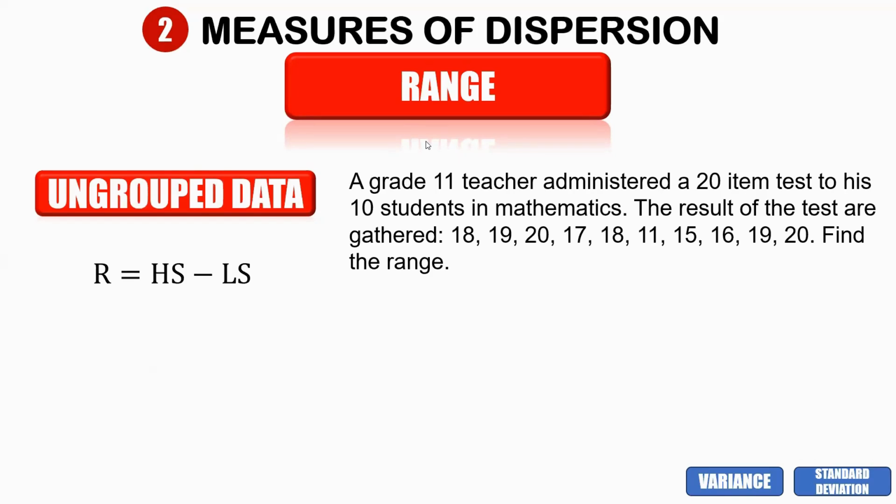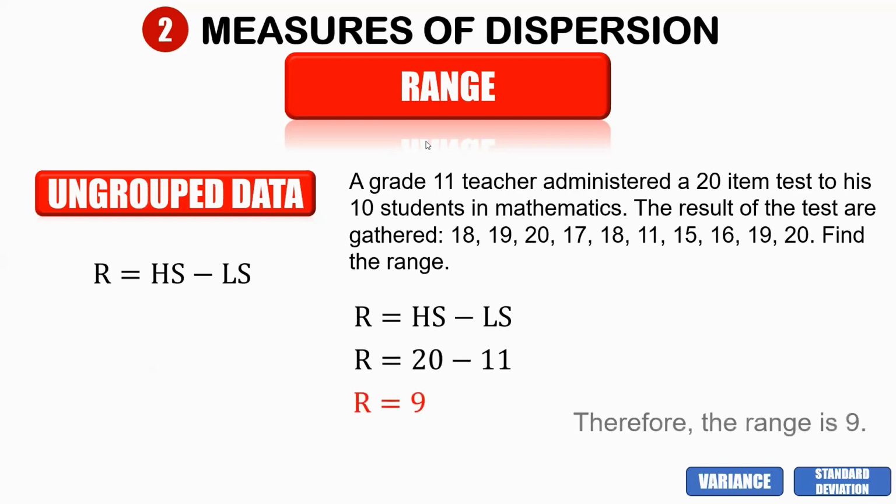The highest score in this data is 20. The lowest score is 11. So 20 minus 11 is equal to 9. Therefore, the range of this data is 9. Simply as that, that is the range for ungrouped data.